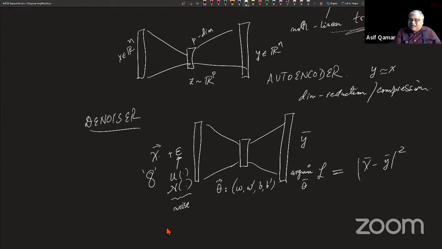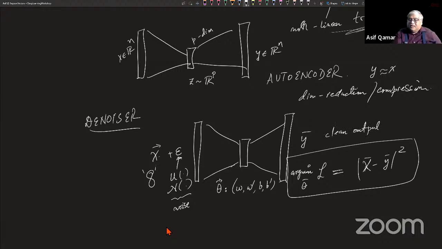So if you do this, now notice that you're doing a very peculiar game. You're taking an input, adding noise to it, and then feeding it, but what you expect is clean output. Now, if you really look at it, this is a standard loss function.